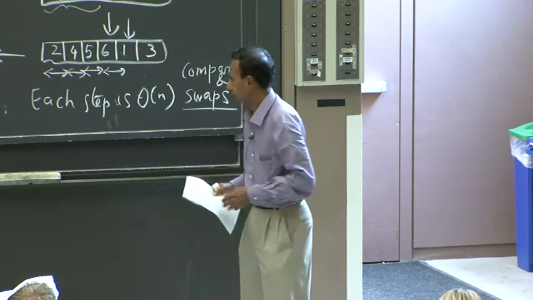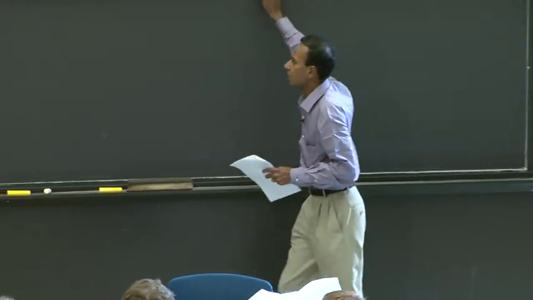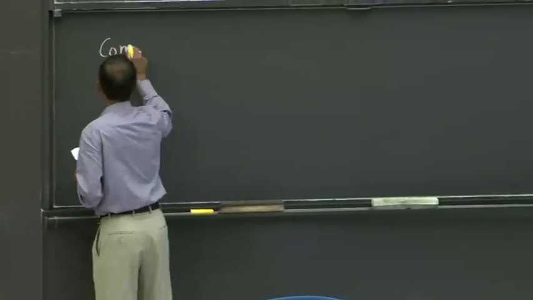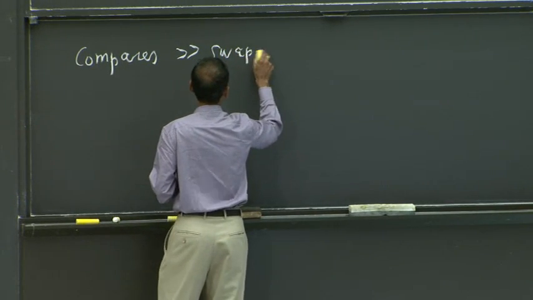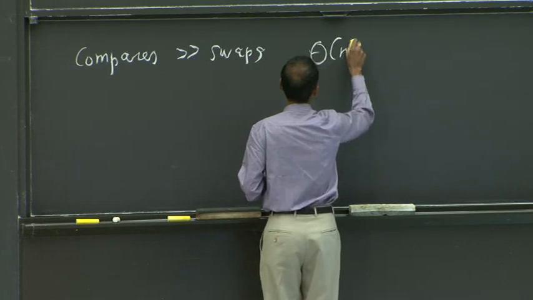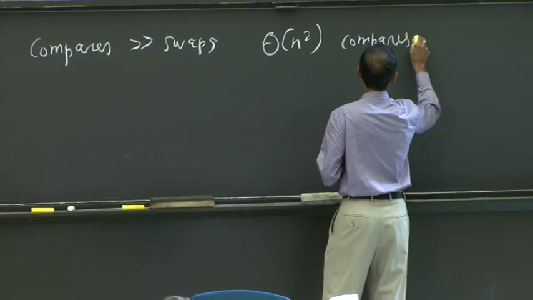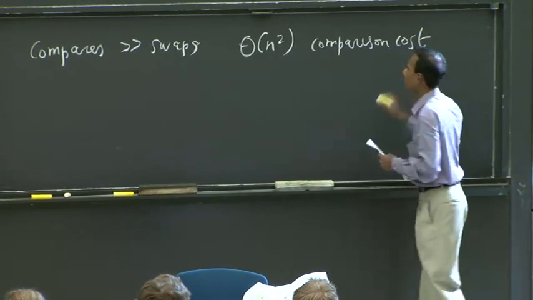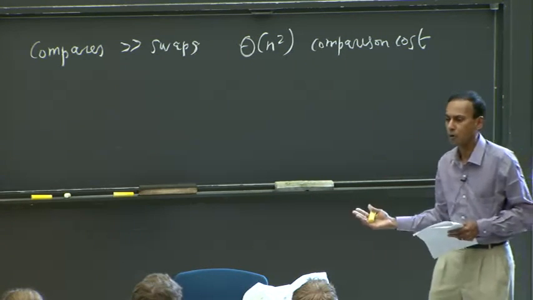Now, here's the question. Let's say that compares are more expensive than swaps. And so I'm concerned about the theta n square comparison cost, and I'm not as concerned, because of the constant factors involved, with the theta n square swap cost.